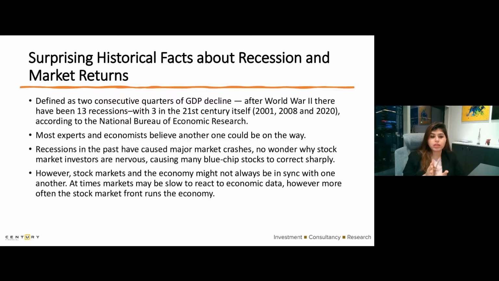If the US economy actually goes into a recession, what do you think has happened in the past? Have markets fallen further during recession? A yes or no? If markets have fallen, put in a yes.